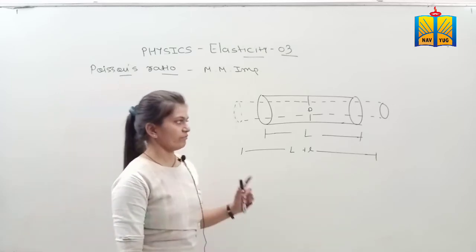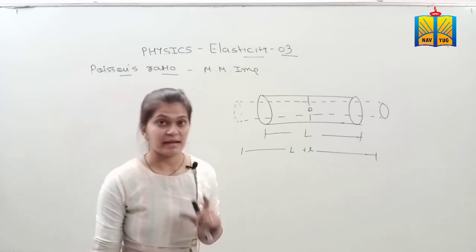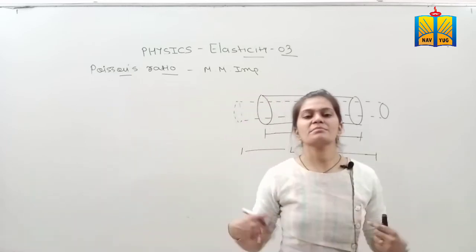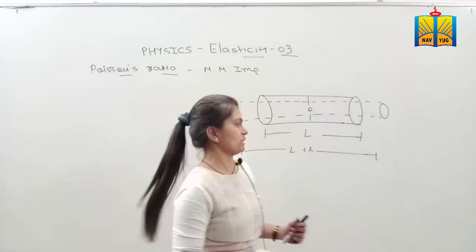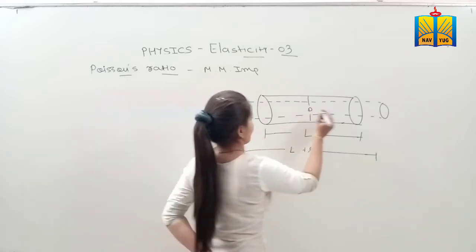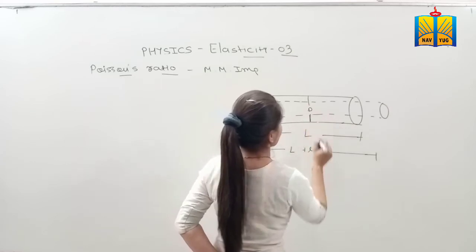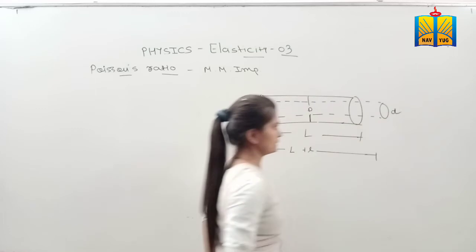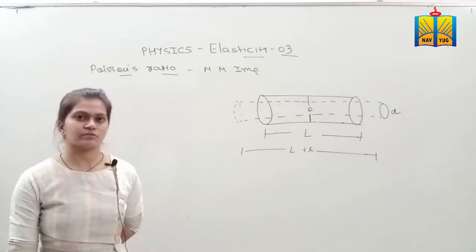First we have one wire that having a length capital L and diameter capital D. After stretching the wire becomes extended, that having a length L plus l and diameter becomes small d from capital D.